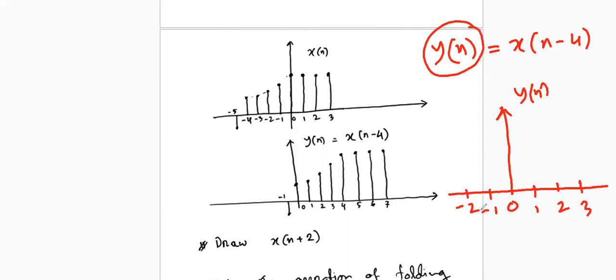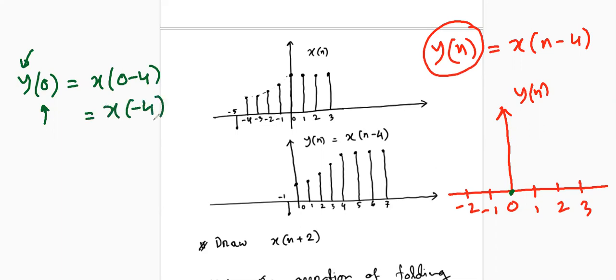Now, if I want to find y[0], what will be the sample at this point? How could we find it? So I need to find y[0]. Here n is 0, so we are targeting this 0th position, which equals x[0-4], that is x[-4].